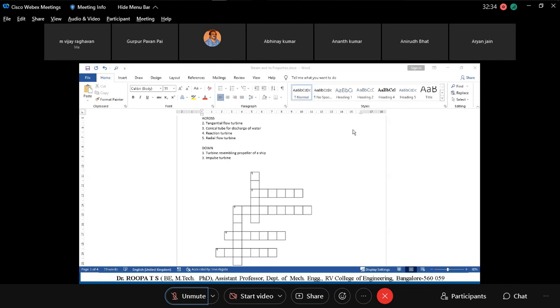All are trying it. Rohit. Rohit, how many you completed?